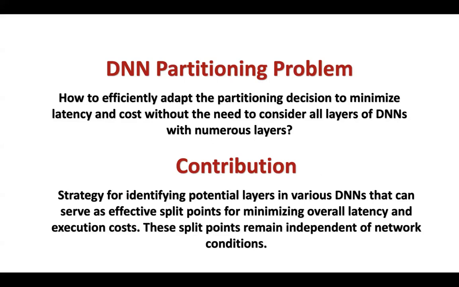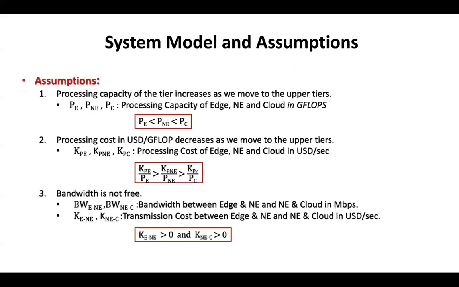To this end, our contribution is devising a strategy for identifying potential layers in various DNNs that can serve as effective split points for minimizing overall latency and execution costs. These split points remain independent of network conditions.